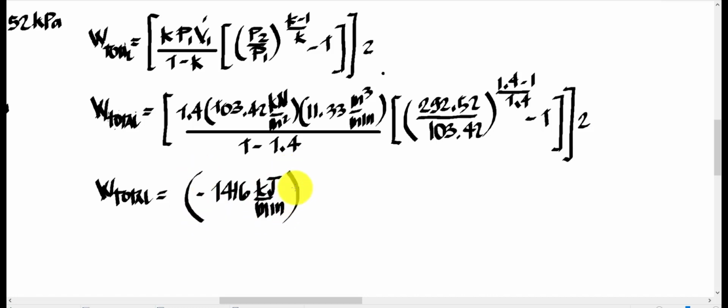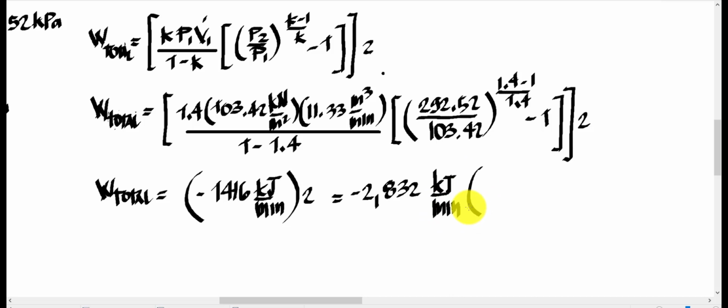Multiply that by 2. Okay, so we have the total work which is equal now to negative 2,832 kilojoule per minute.